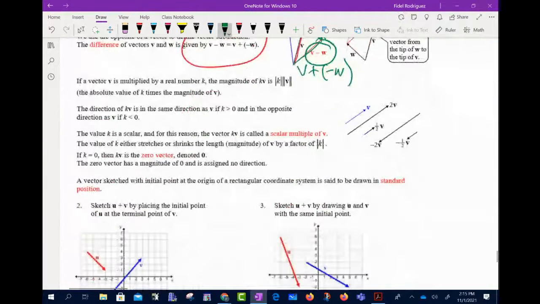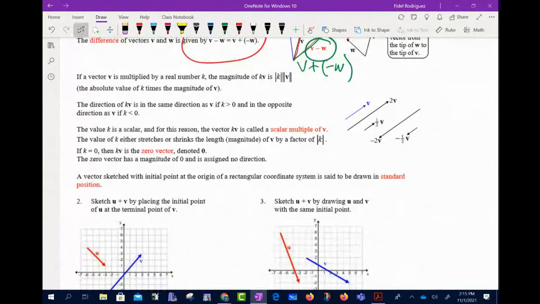All right. So let's take a look here at some of these problems, and it says if a vector v is multiplied by a real number k, then the magnitude of kv is the absolute value of k times the magnitude of v. The direction of kv is in the same direction as the vector v as long as my k number is positive, and it's in the opposite direction if my k number is negative. So just to show you again, here's my vector v.